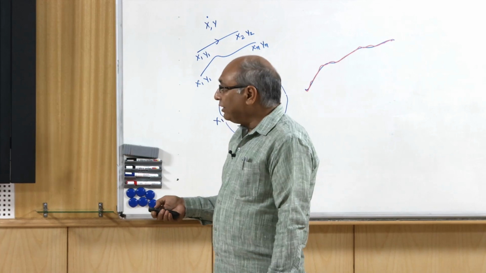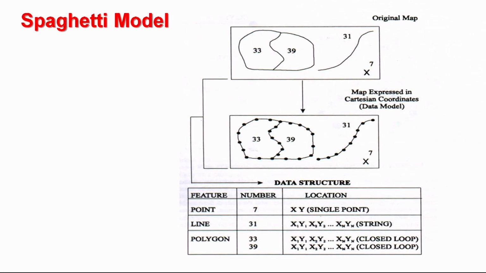Here all three types of vector entities are stored: point, line, polygon. A very simplified map is given here, where the cross is marked for the point data, 31 is a line or polyline data, and then 2 polygons are also shown. If we have to store these in the maps, they will have their nodes and internodes, that means a series of coordinates.